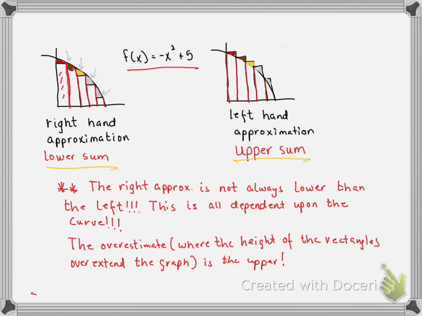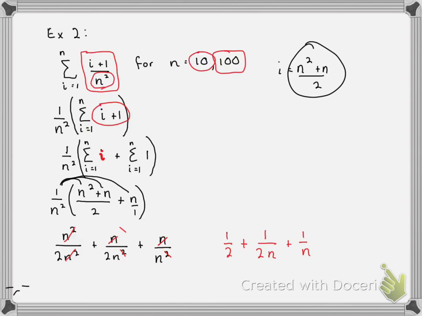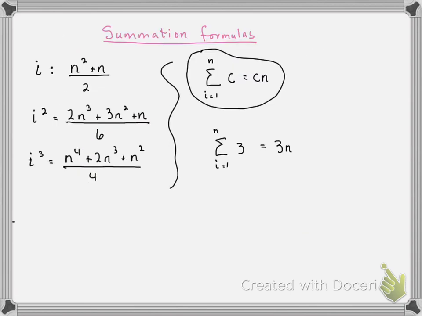Thankfully, we don't need to do that. We don't need to find the lower sum and then the upper sum in order to get the exact area. That's what our summation formulas are going to handle. That alleviates that problem.